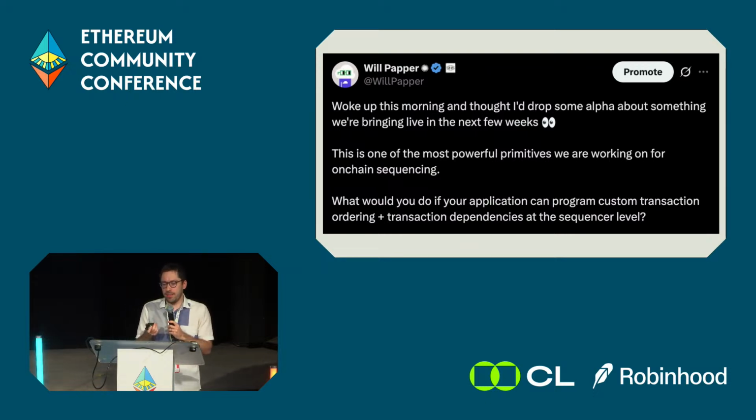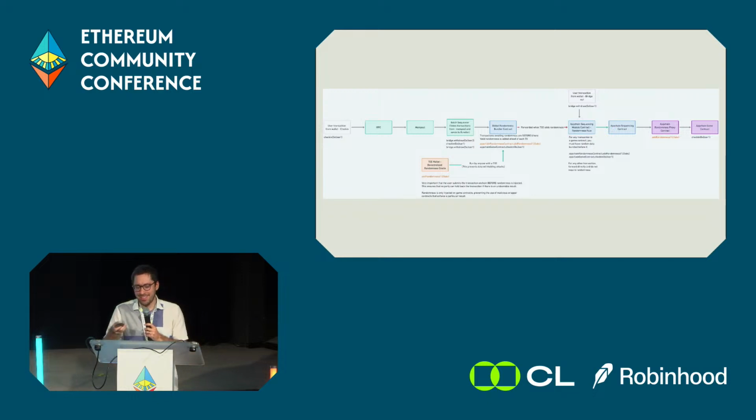You can also do things like guarantee that randomness is included. We're working on a game right now. There's an architecture diagram that you can find on Twitter. It's a little hard to read here. But essentially what we can do is create transaction bundles where every single transaction to a game must include randomness in front of it.